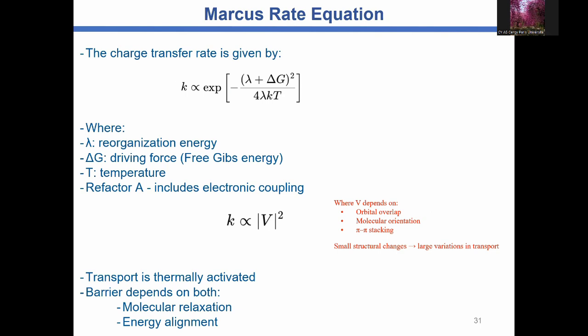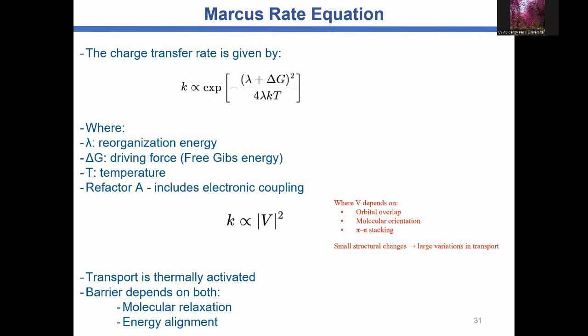So using Marcus's equation that he proposed, the rate to transfer one electron to another state is correlated with this reorganization energy, the driving force or Gibbs free energy that can be obtained through the configuration of the initial and final states, the temperature, and also a prefactor.